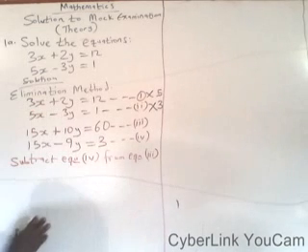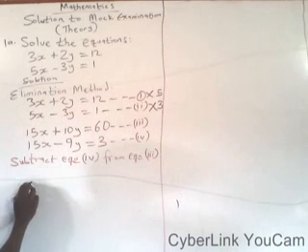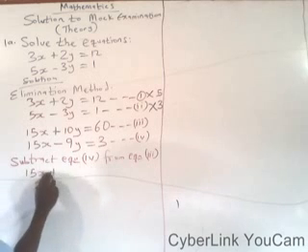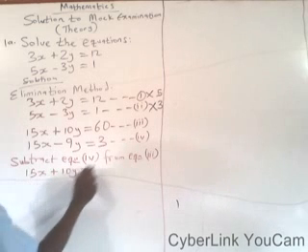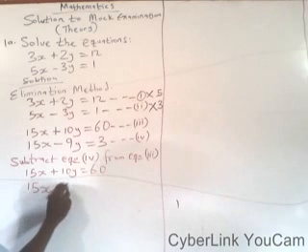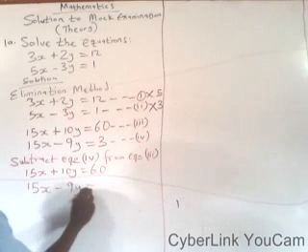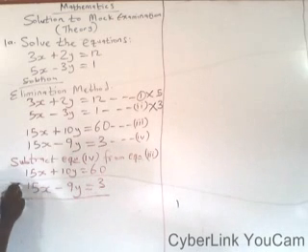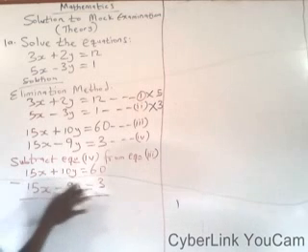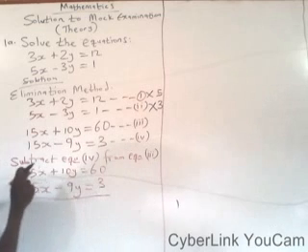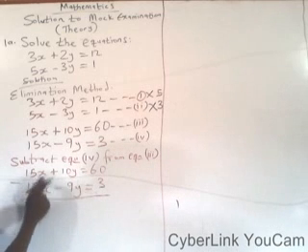I can now rewrite by writing it in this way: 15x plus 10y is equal to 60, and 15x minus 9y is equal to 3. I will draw my line here and put the sign minus here because I want to subtract the bottom one from the upper one. From here, 15 minus 15 will give me what?